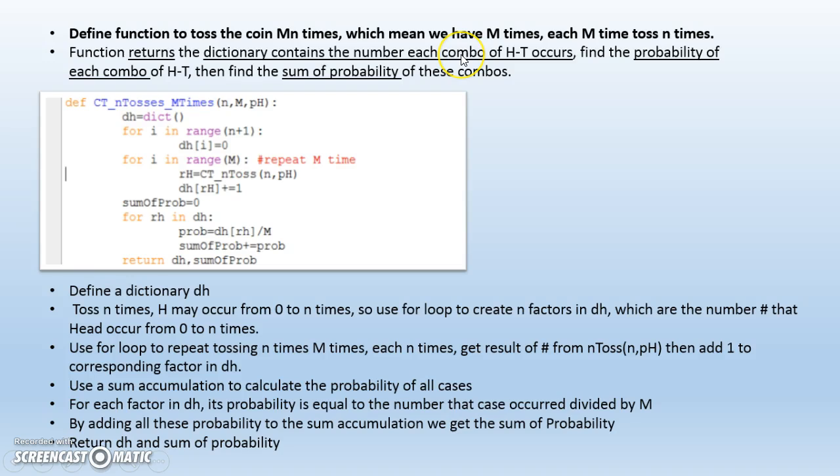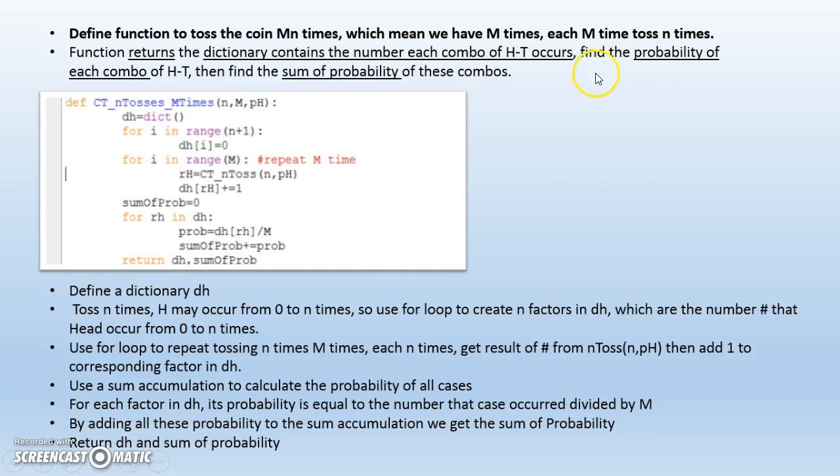For more detail, for example, if we toss the coin 3 times, we will have 4 combos: 3 heads and 0 tails, 2 and 1, 1 and 2, and 0 and 3. So the dictionary will contain the number of times each combo occurs.